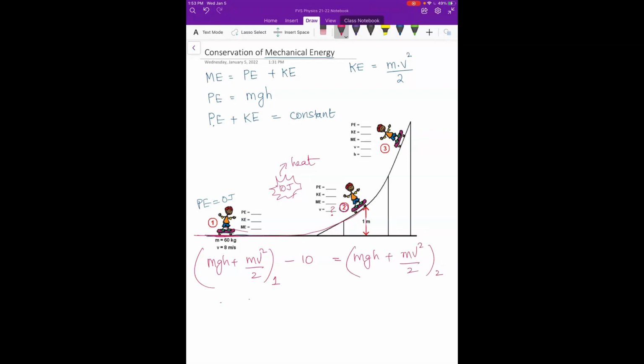And then you would substitute just as before and solve for the unknown. So if energy is lost due to friction, you just have to factor in that energy lost so that you can find out what is the final total energy and then solve for the unknown.